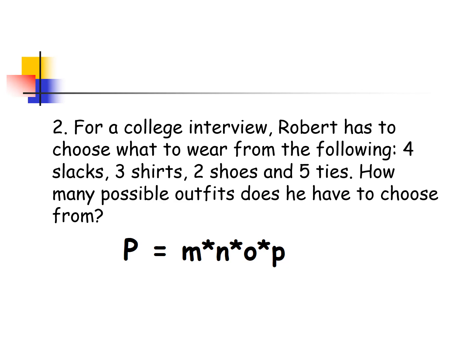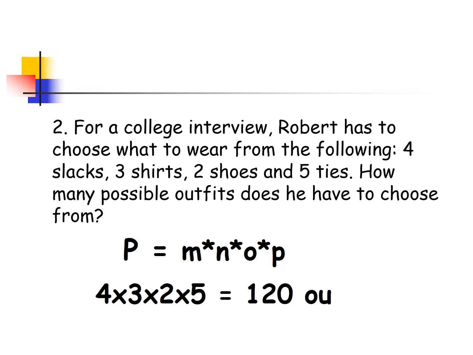So, ang M ko ay 4 times 3 times 2 times 5. So, that means 120 outputs. So, you see ha, makakapag-produce pala si Robert ng 120 outputs. So, pwede siya makapamili sa 120.